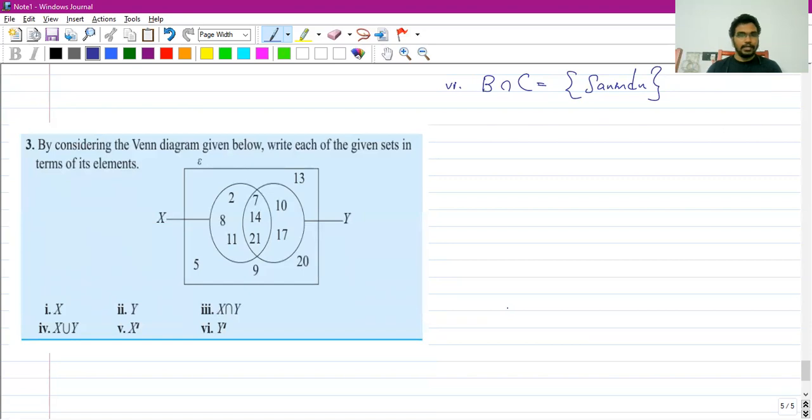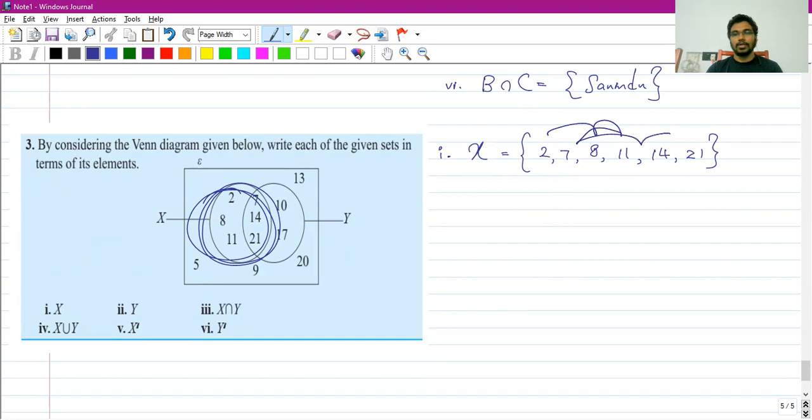First part, it will be X. X is equal to this circle, which has 2, 7, 8, 11, 14 and 21. You can change this order, it is okay. You can write 2, 8, 11, 7, 14, 21 like that.